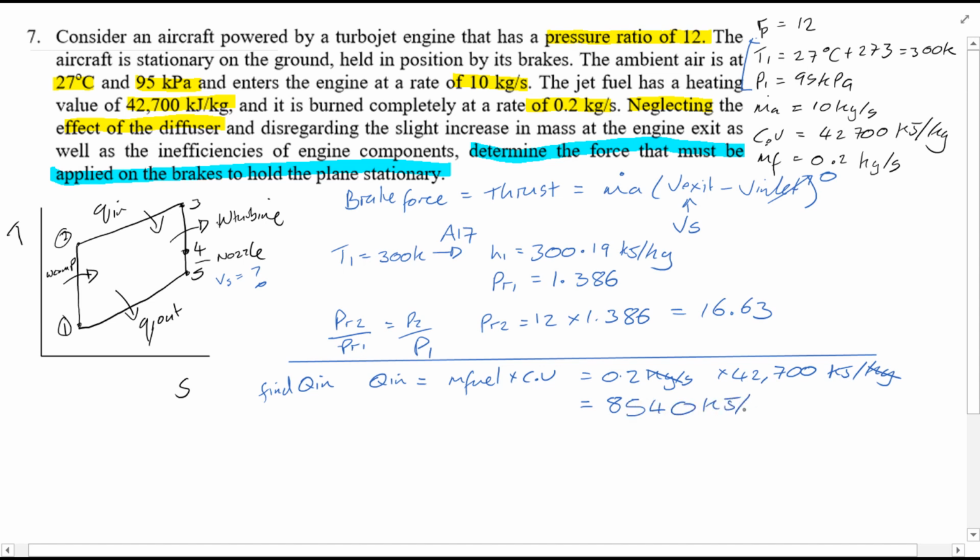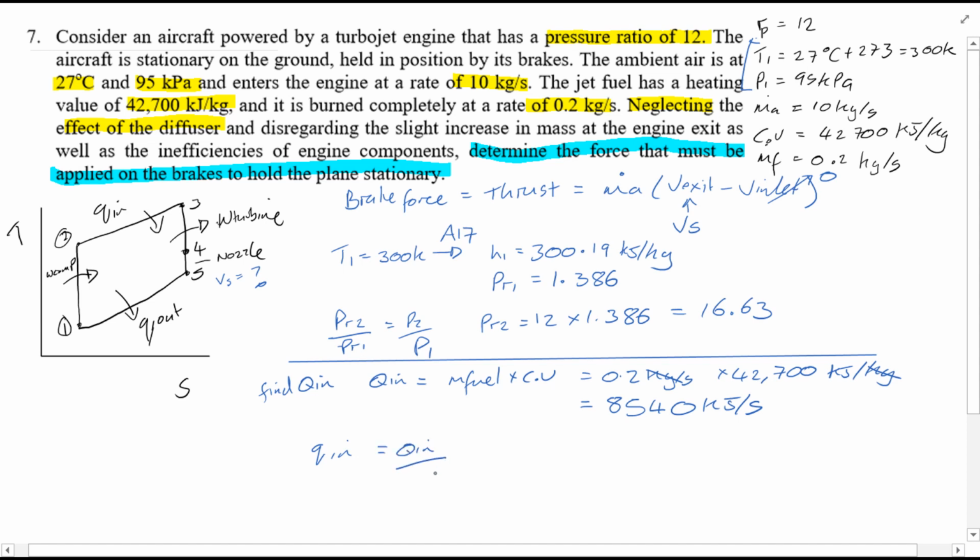8540 kilojoules per second. Now we want to find this in terms of kilojoules per kg of dry air as opposed to kilojoules per second, so we're going to divide this by the mass flow rate.